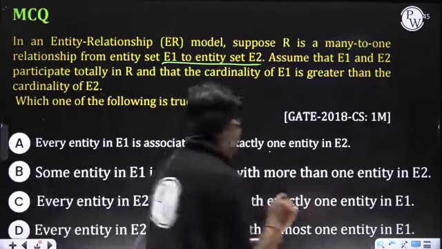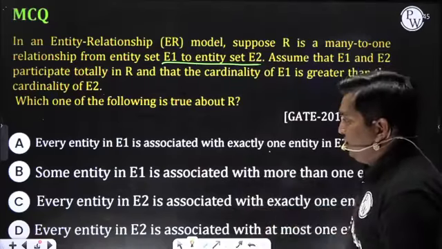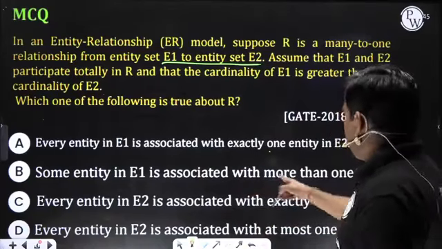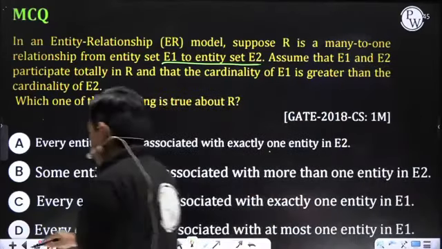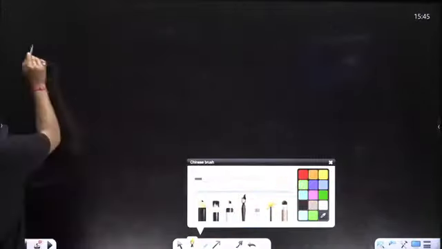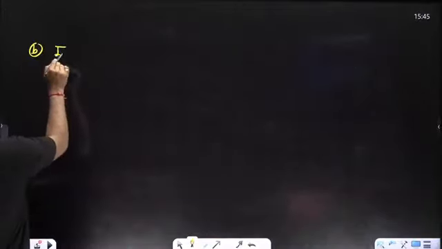Now option B. Some entity in E1 is associated with more than one entity in E2. Option B is incorrect. Why?